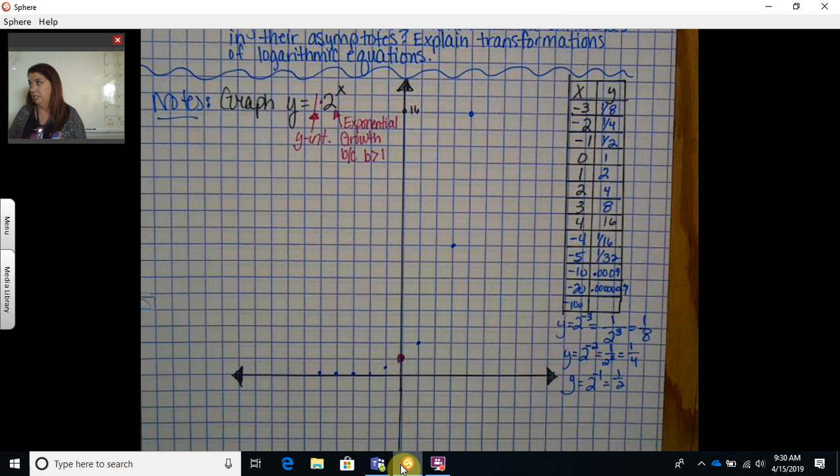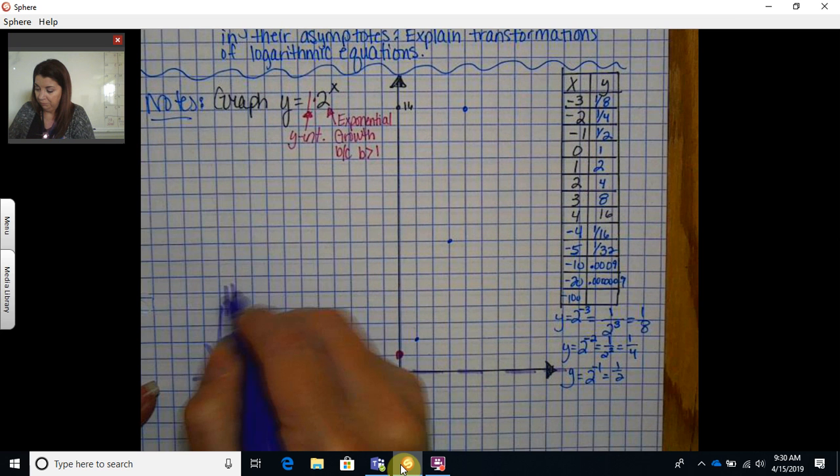So do y'all remember what that line is called when a graph approaches it, but does not intersect or cross it? Asymptote. So actually the x-axis is my asymptote, and it is a horizontal asymptote. Does anybody know what the equation of that horizontal asymptote would be?